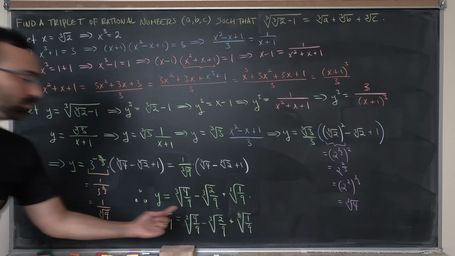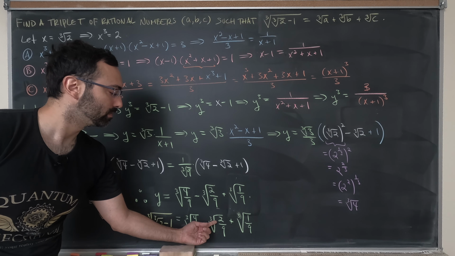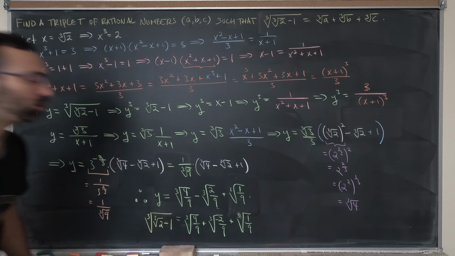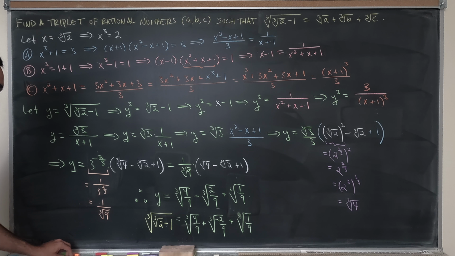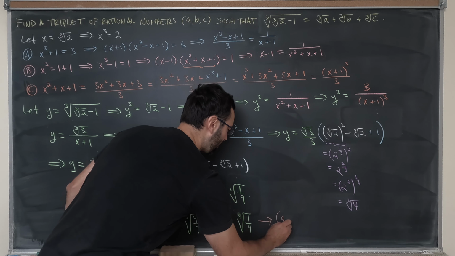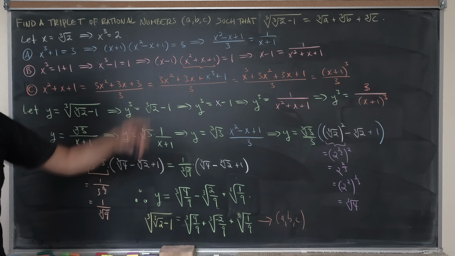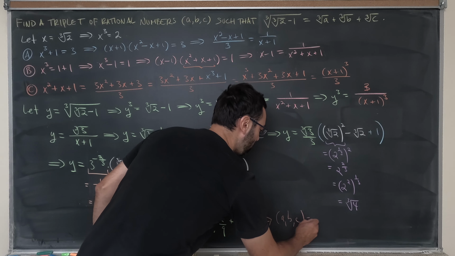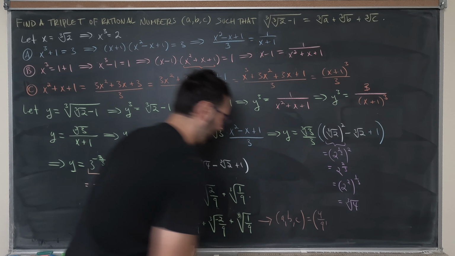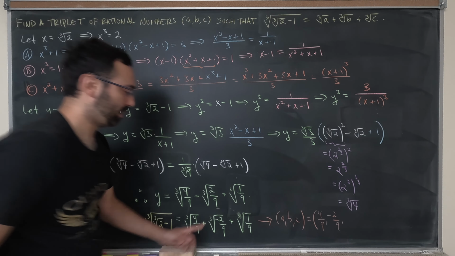Of course, we can always pull a -1 into this radical, so we get the following. So we can conclude that our triplet of rational numbers, a, b, c, is nothing more than 4/9, -2/9, and 1/9.